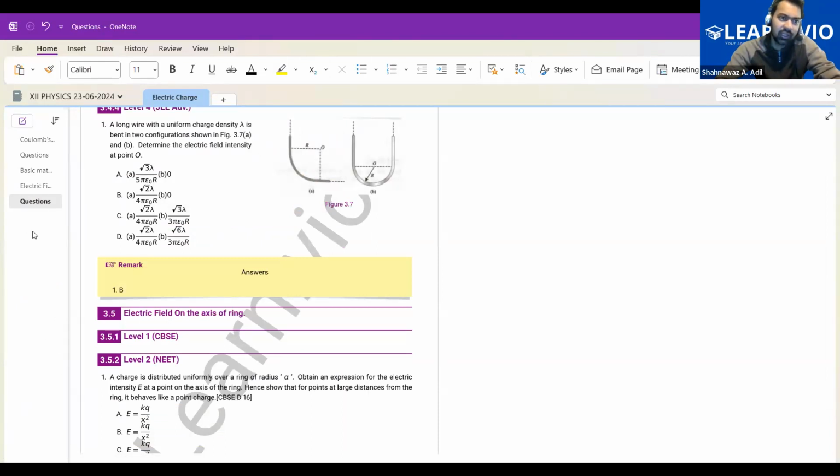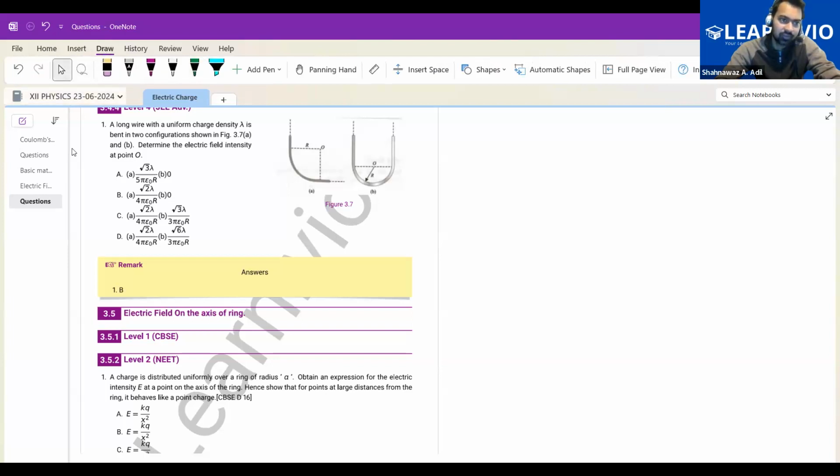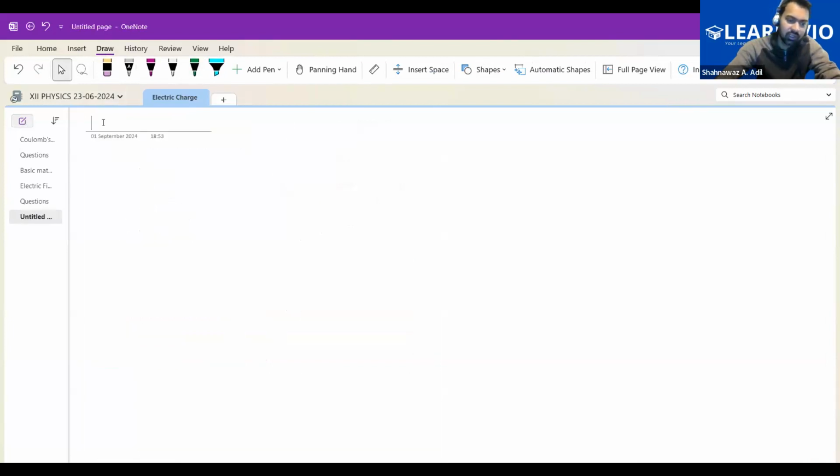And the next topic that comes from this part is the force on a charge, or force on a particle, in presence of electric field, right?